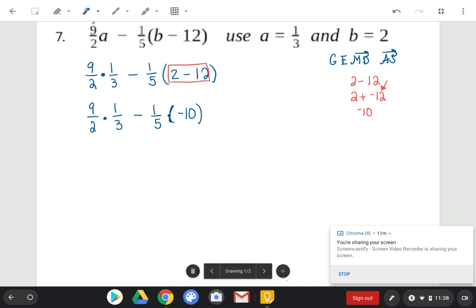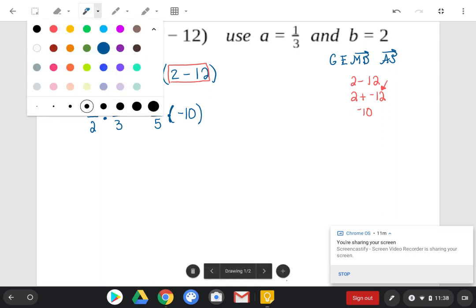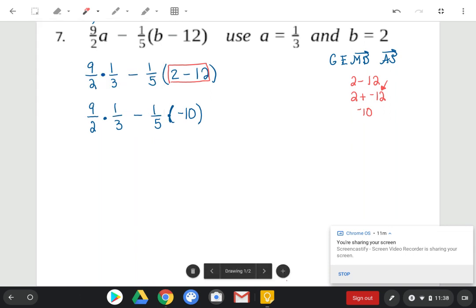There are 2 instances of multiplication, so we need to go from left to right. So we are going to look at 9 halves times a third. And I am going to actually simplify before I multiply. I'm going to divide this 9 by 3 and divide on the bottom this 3 by 3.